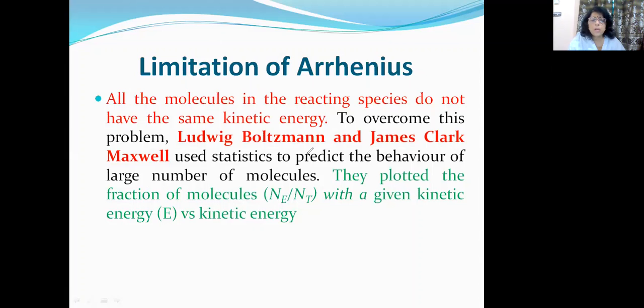This problem is overcome by Maxwell and Boltzmann, which gives an idea of Ne over NT. Ne is the number of molecules having a particular activation energy, and NT is the number of total molecules.